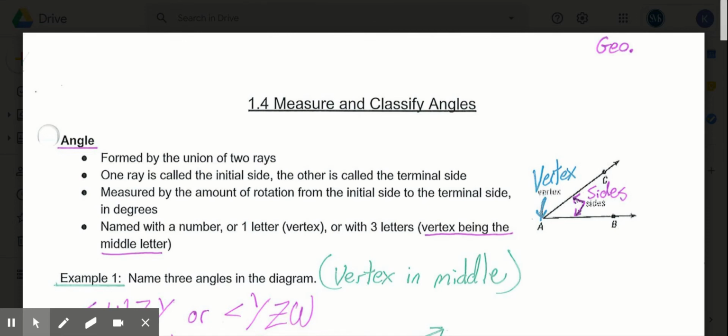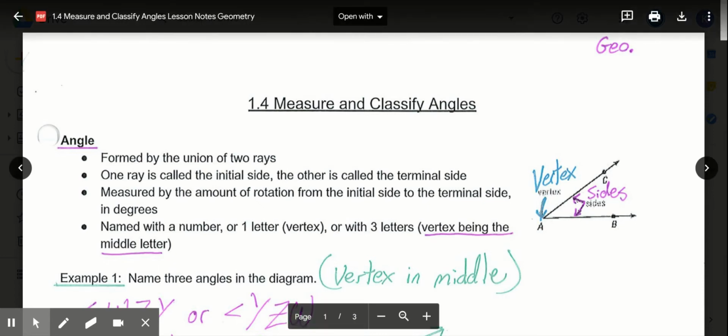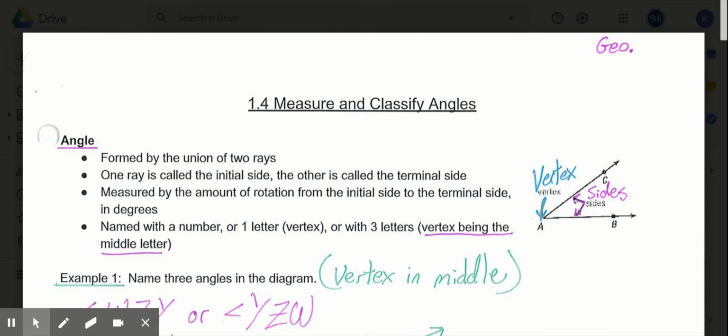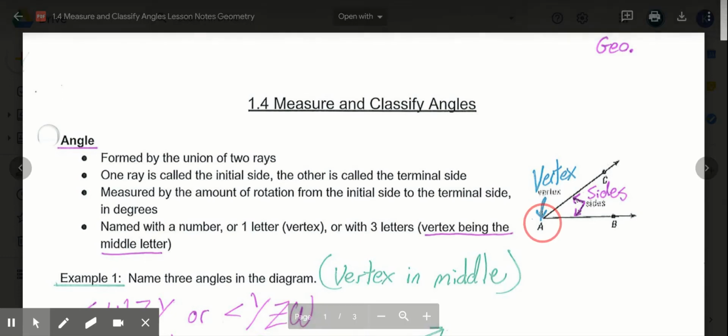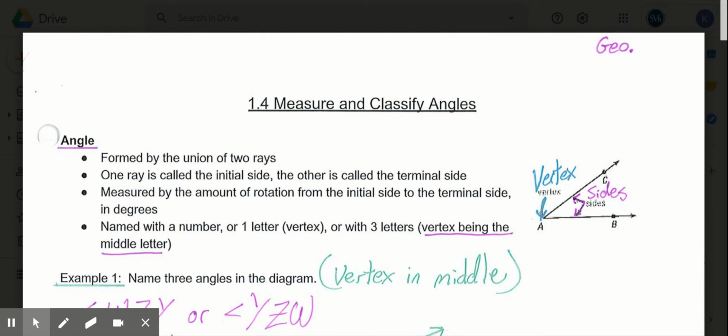And the way that we name angles is we can name them with a number, if there's a number given, with a single letter, the vertex, and we do that if that vertex is not shared with other angles, or the three letters with the vertex being in the middle. So if we look at the diagram here to the right, the vertex of the angle is where the two rays meet. It's that shared endpoint. So our shared endpoint in this case is A. So A is our vertex.